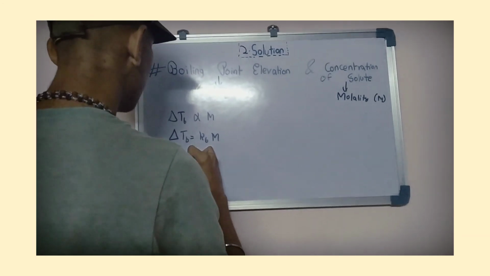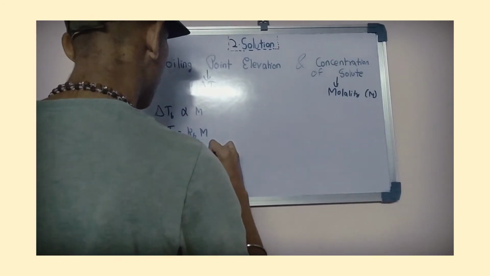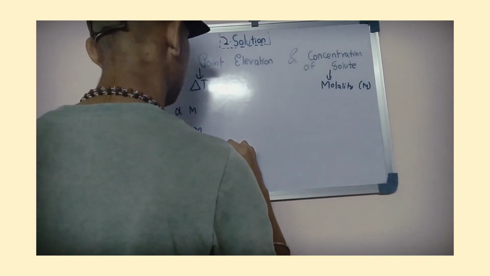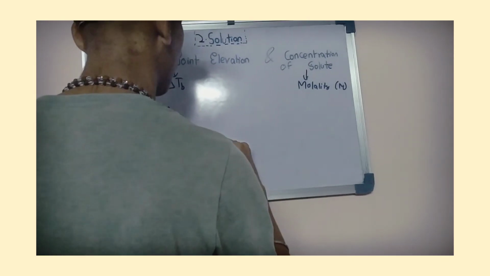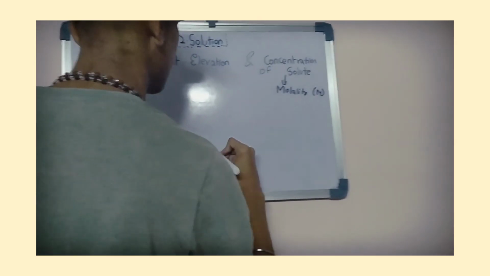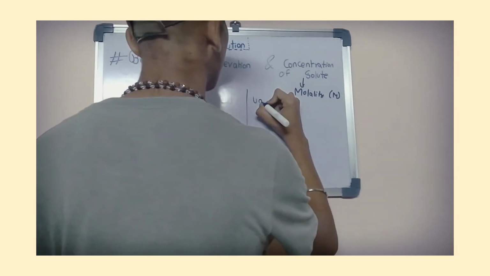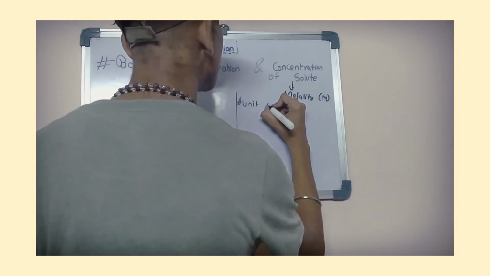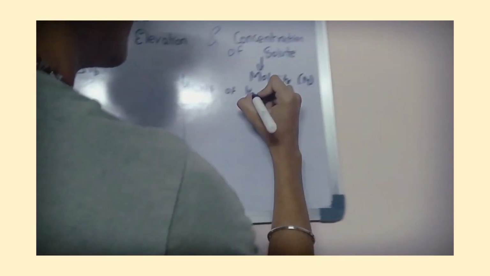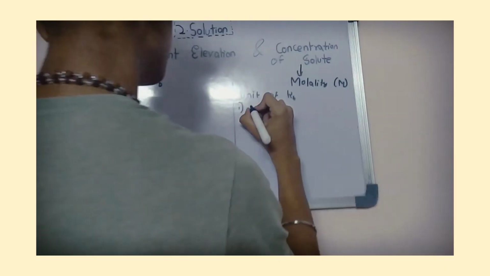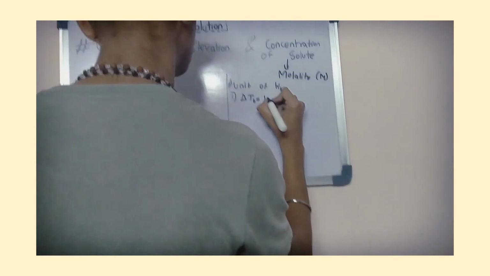KB is the boiling point elevation constant. And if we have to find the unit of KB, we have the equation delta TB equals KB m.